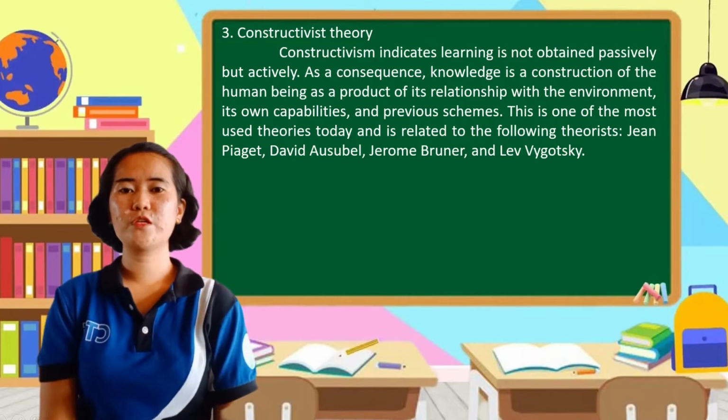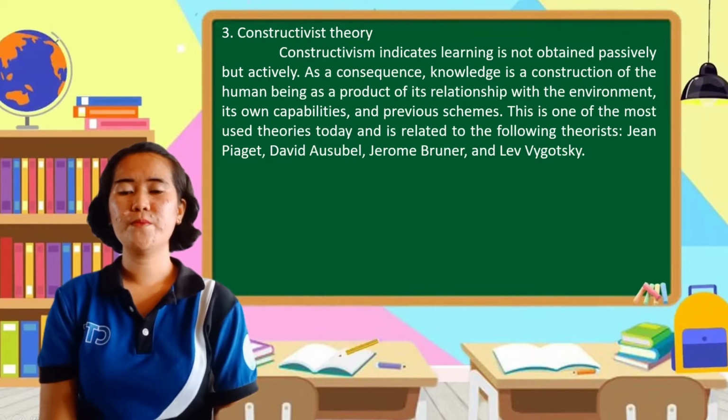Third, constructivist theory. Constructivism indicates learning is not obtained passively but actively. As a consequence, knowledge is a construction of the human being as a product of its relationship with the environment, its own capabilities, and previous schemes.